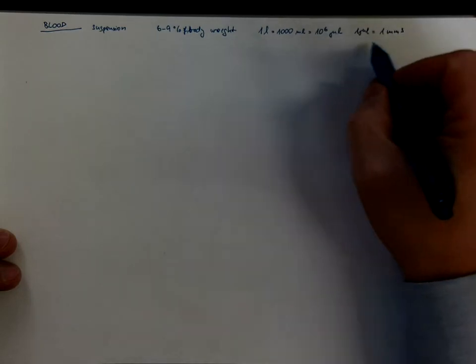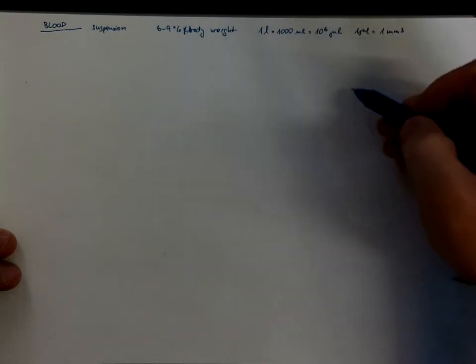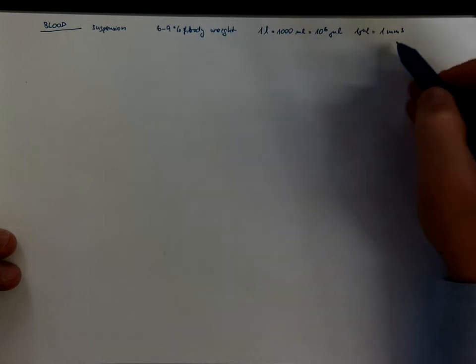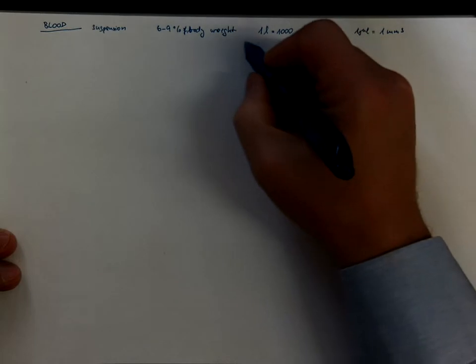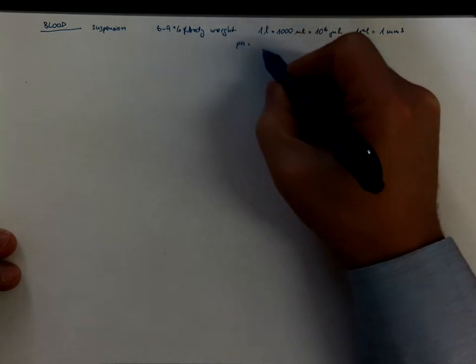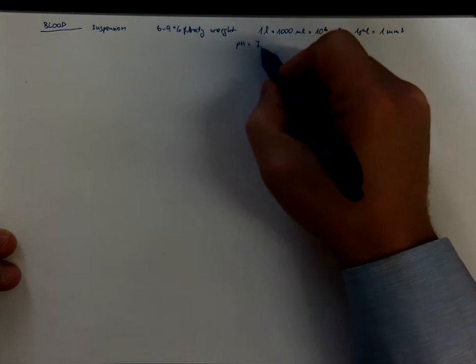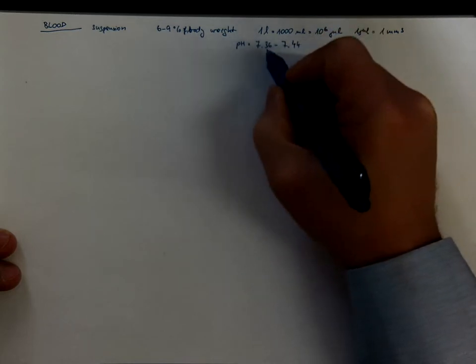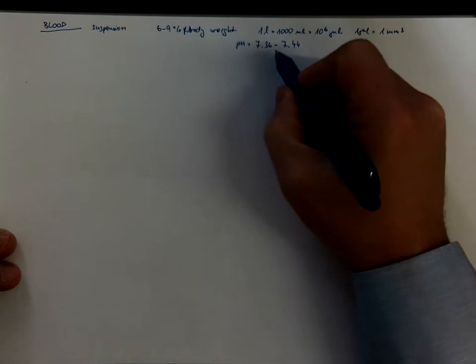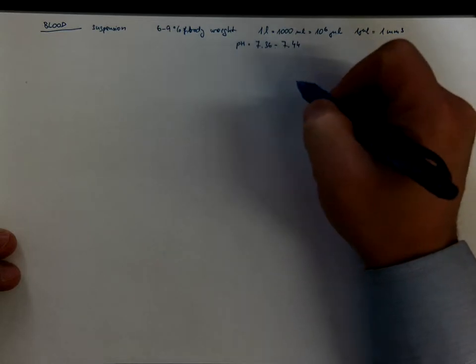So you'll always be able to understand your results depending on which units will be used in your lab. The pH of the blood is very strictly kept between 7.36 and 7.44, with the average value of 7.40.